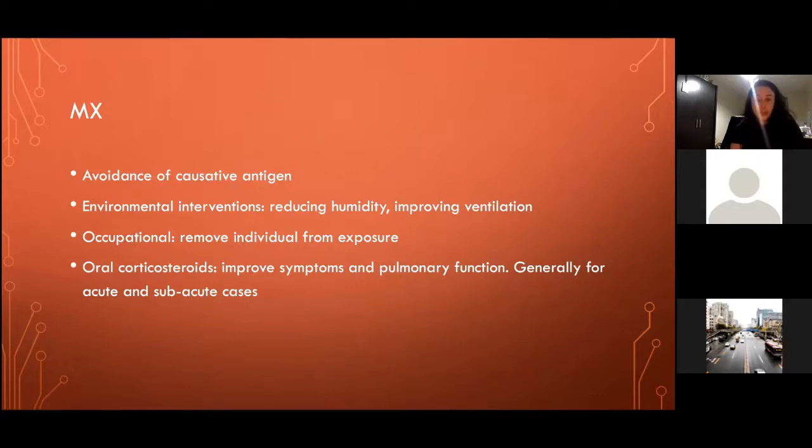But in chronic cases, they may be required at a low dose long term. And the acute symptoms just generally resolve upon cessation of exposure, as I said before. So yeah, acute symptoms generally resolve within about 12 to 48 hours.